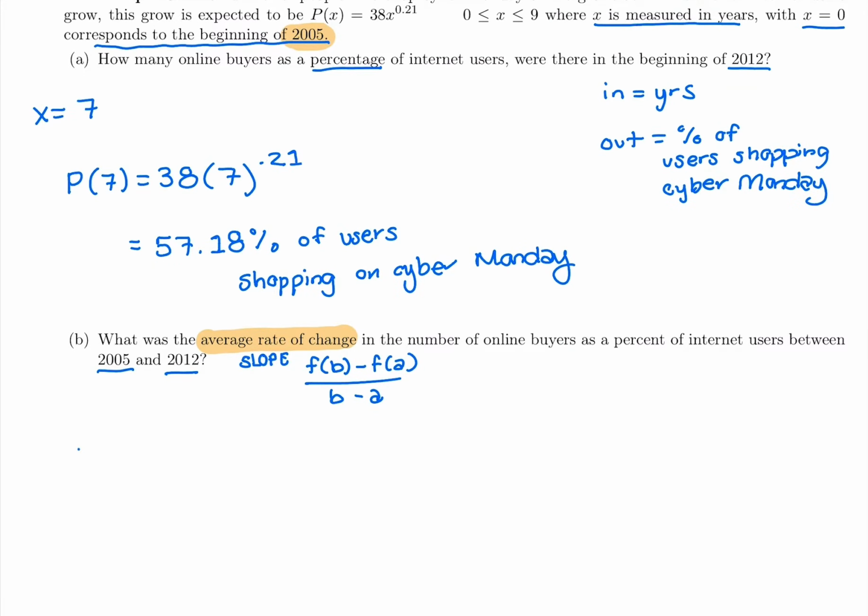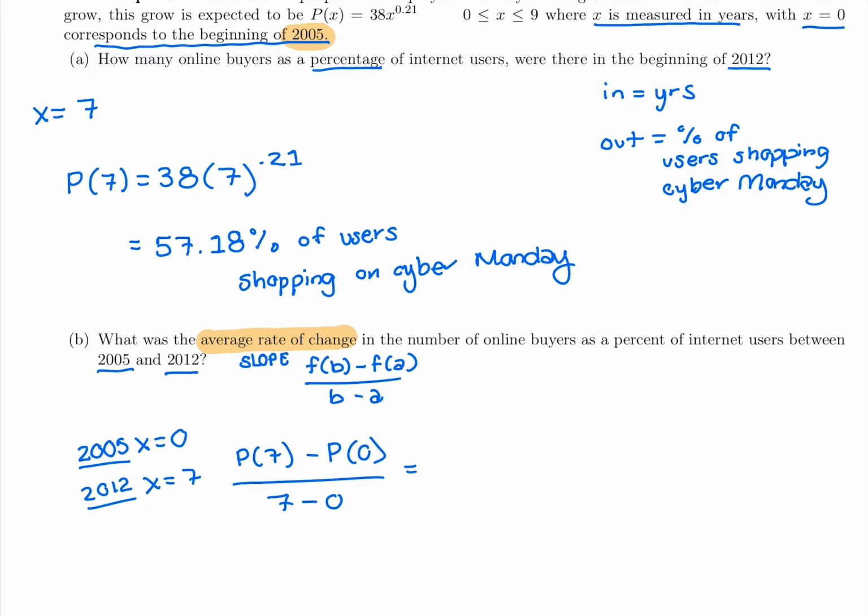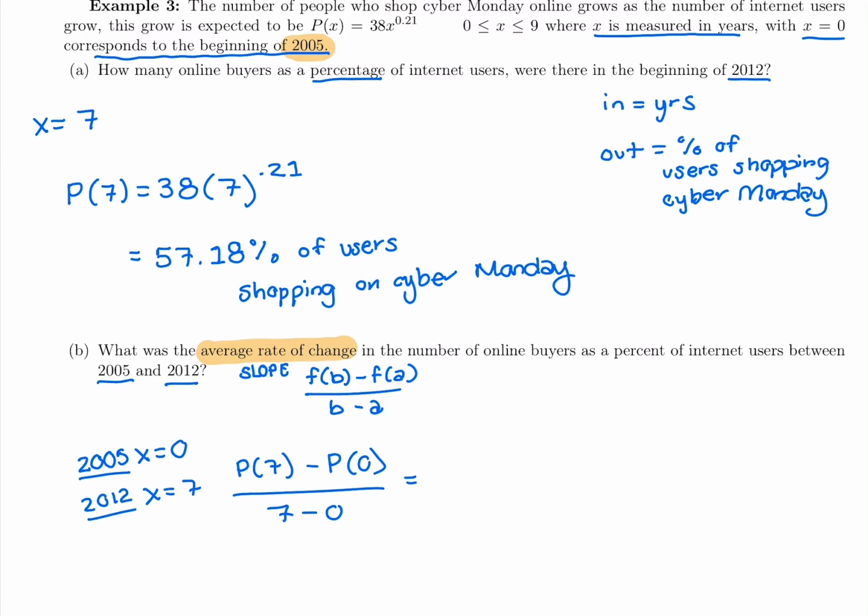So we're going to plug in between 2005 was x equals 0. They gave us that. And then we said 2012 is x equals 7. So we'll do p of 7 minus p of 0 over 7 minus 0. We already know from the first part that p of 7 is 57.18. We just did that in part A. Now we plug in 0 to the original equation.